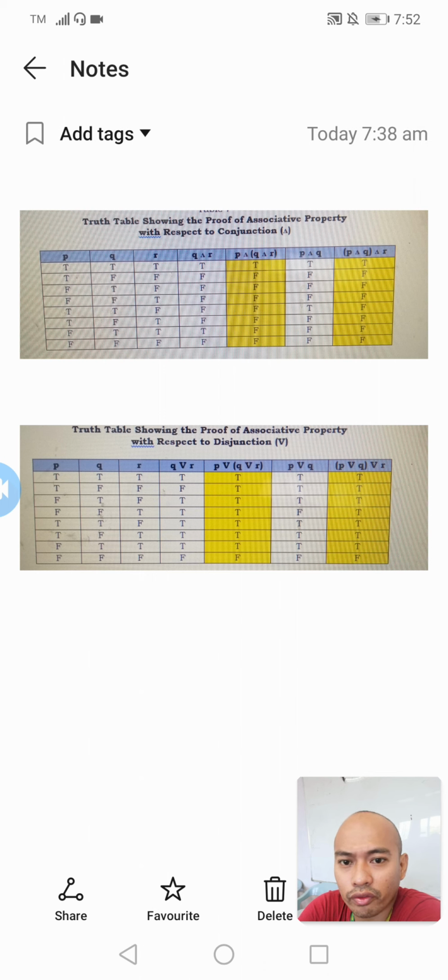So we need to have three statements in this case: P, Q, and R. What we will do first is identify the truth values of the compound statement on the left side of the given equivalence, then later we will concentrate on the right side and observe if the truth values of these two compound statements are the same.